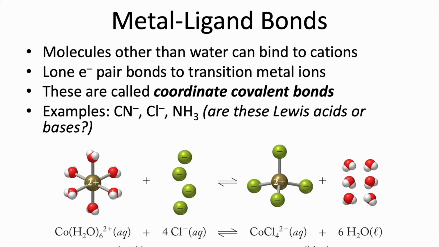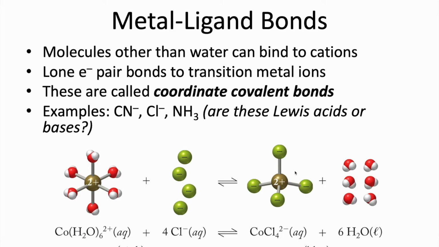So an example here with our cobalt that we started with, we can have it just aqueous, bonded to these 6 water molecules, but if we add chloride ions, they can also act as ligands and make this tetrachlorocobalt compound over here.